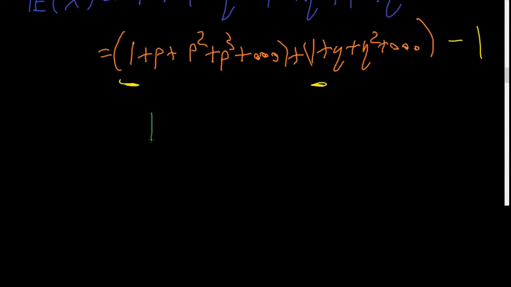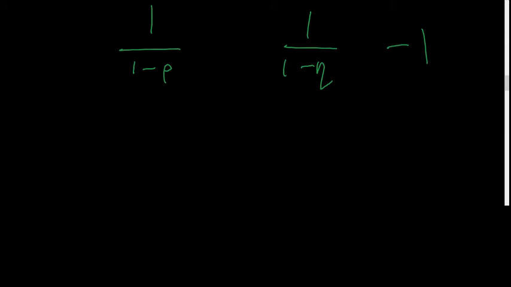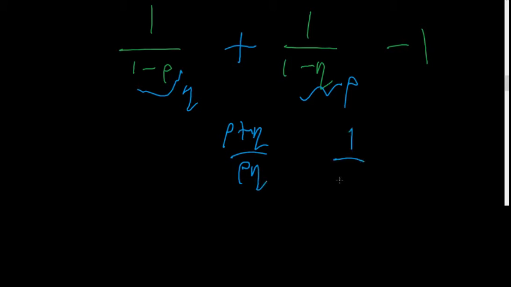If I sum this to infinity, it's 1 over 1 minus p. This one is similarly 1 over 1 minus q. This one is just minus 1. Notice that 1 minus p and 1 minus q are q and p because they sum to 1. So this would be a plus here, 1 over q plus 1 over p, which is p plus q over pq. But of course, again, p plus q is 1, so I end up using that fact like 3 times now. And then we just arrive at the result.